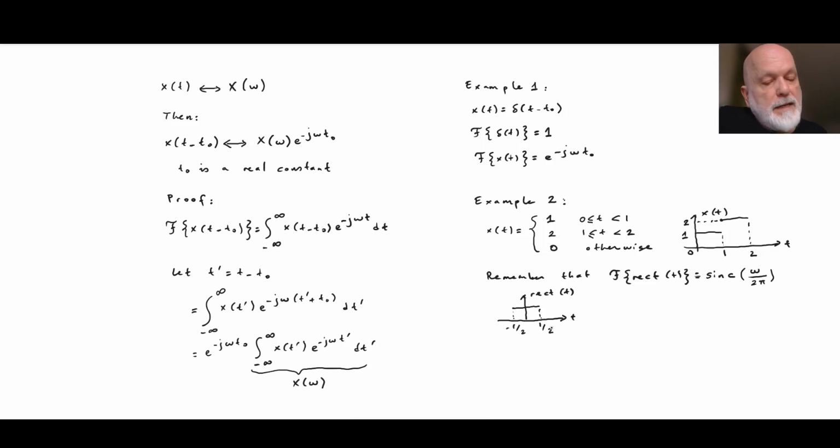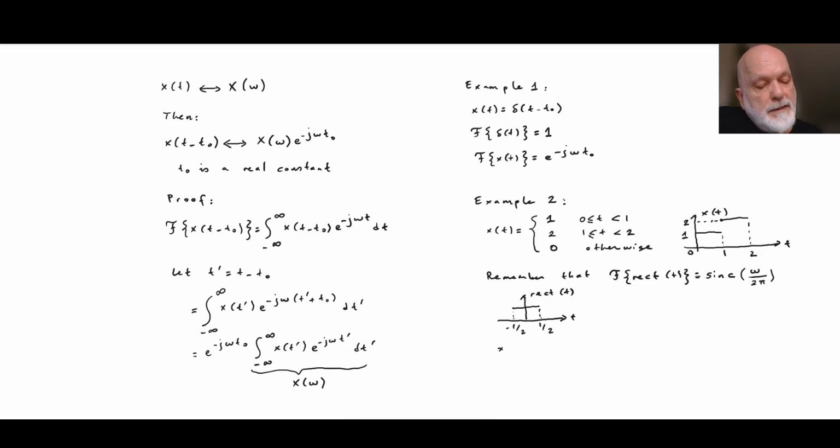Now, how can we express x of t in terms of the rectangular pulse signal, rect t? It seems that we will be able to represent x of t as a linear combination of time-shifted versions of rect t as follows.